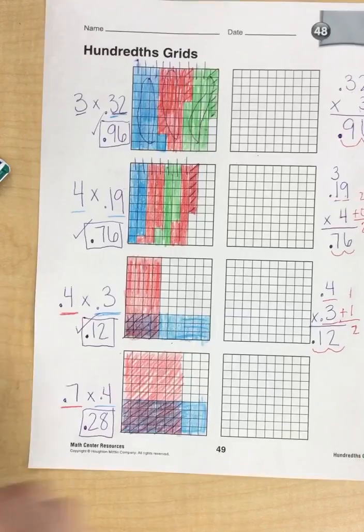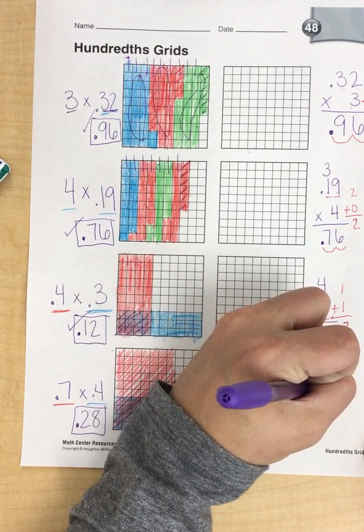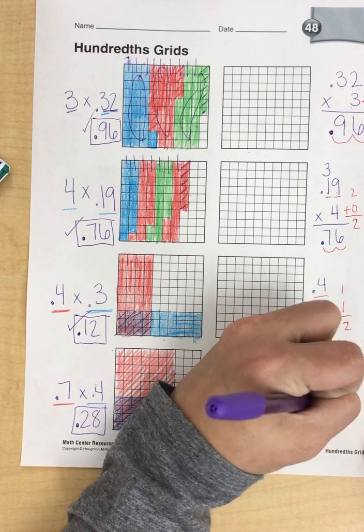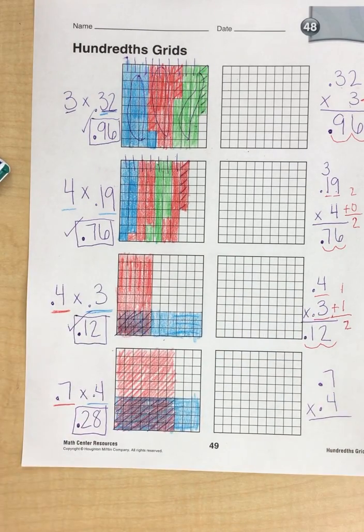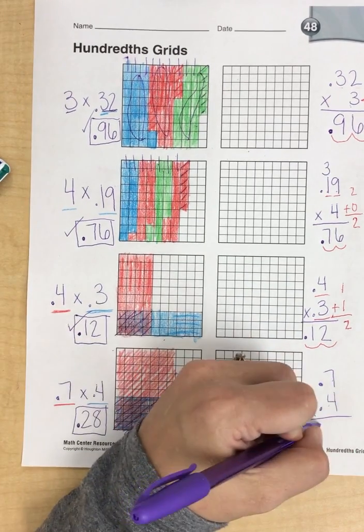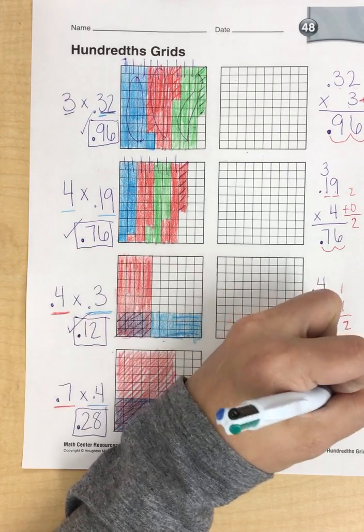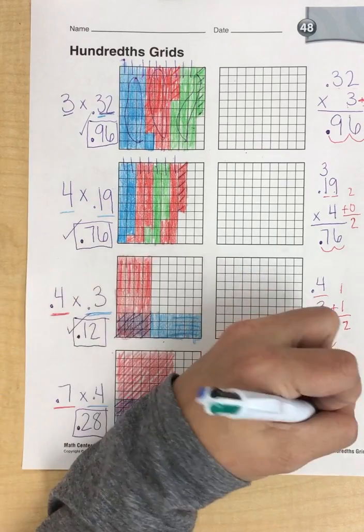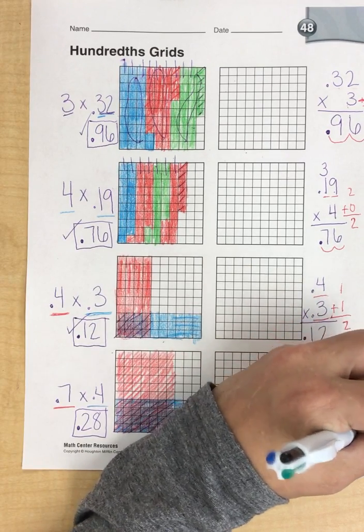Okay, now I'm going to check my answer once again using the standard algorithm. So I'm going to line up my problem. 7/10 times 4/10. 4 times 7 is 28. I have one number behind my decimal on the top row, one number behind my decimal on the bottom row. 1 plus 1 is 2.